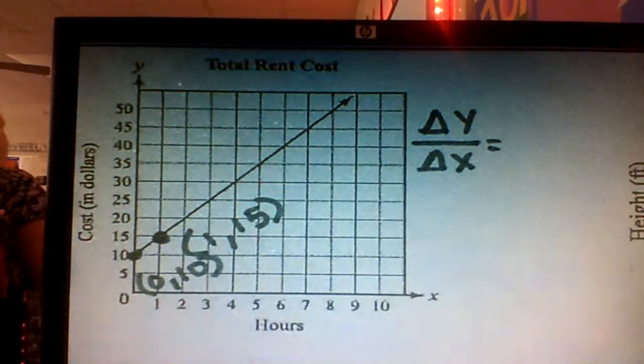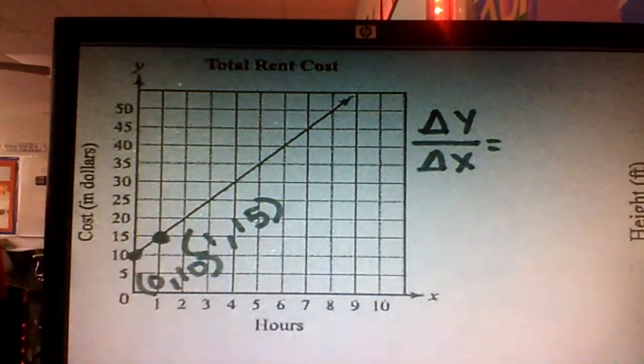Okay, we picked our 2 points. You told me 0 comma 10, 1 comma 15. My y is changing by what? It's changing by 5.